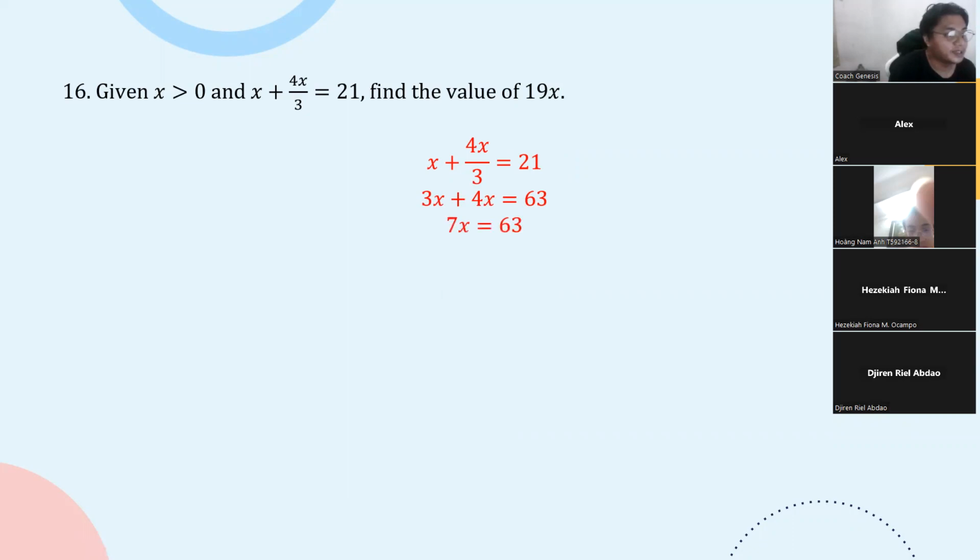You divide both sides by 7, and you will get x is equal to 9. Now for this one, you can just substitute it to 19x. So you will have 19x is equal to 19 times 9, which will give you 171. So the final answer for number 16 is 171.